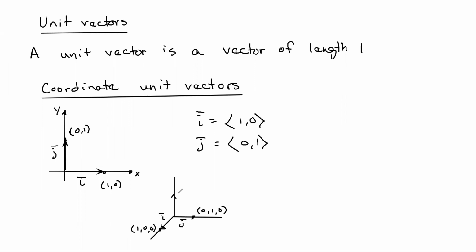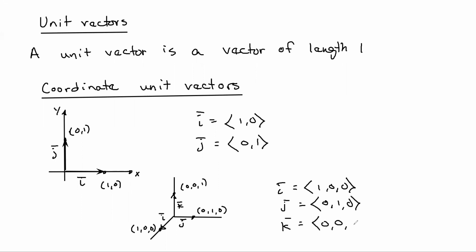And then the vector that terminates at (0, 0, 1) is unit vector k. So i equals <1, 0, 0>, j equals <0, 1, 0>, k equals <0, 0, 1>. Okay, so you could say, well, how could i and j be this and this? That's context. In 2 dimensions, i is this and j is that. In 3 dimensions, i is this and j is that.